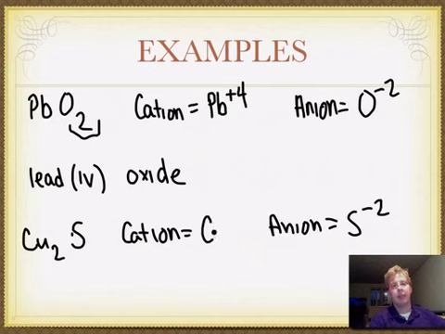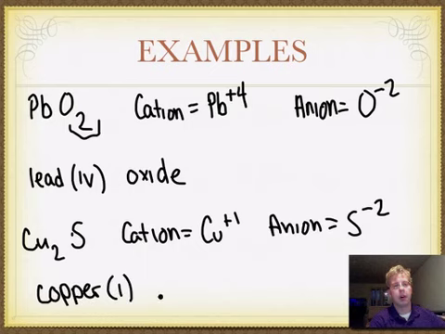So this must mean that copper has to have a +1 charge, because 2 times 1 gives me 2, minus the 2 from sulfur, and that's going to balance out to 0. So I'm going to write this as copper 1 sulfide.